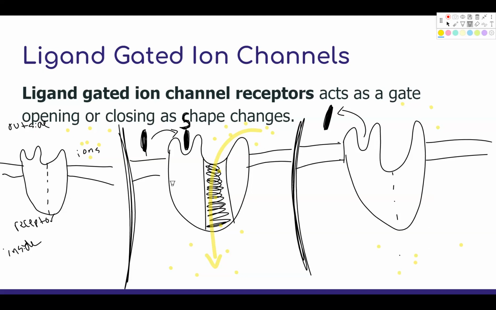Still got ions inside, but they can no longer pass through that gate. I said that was the simplest one. So that's all we've got for ligand-gated ion channels.